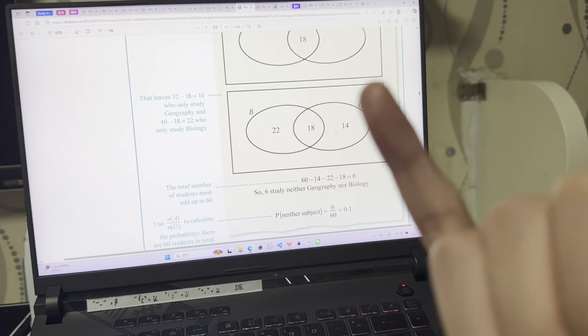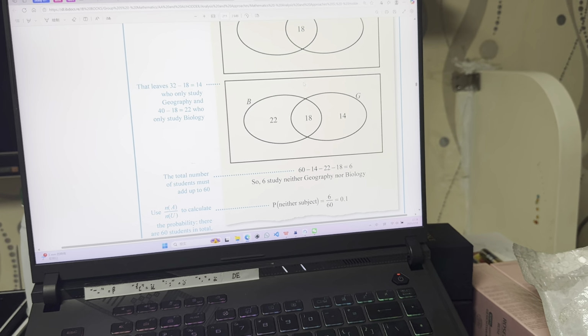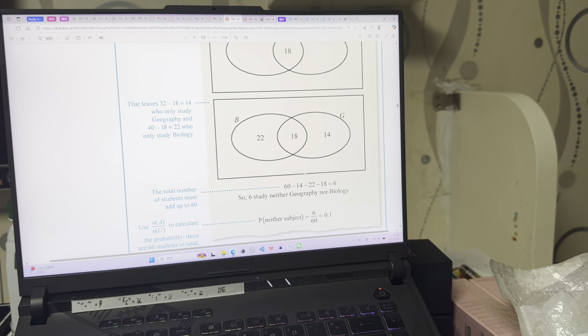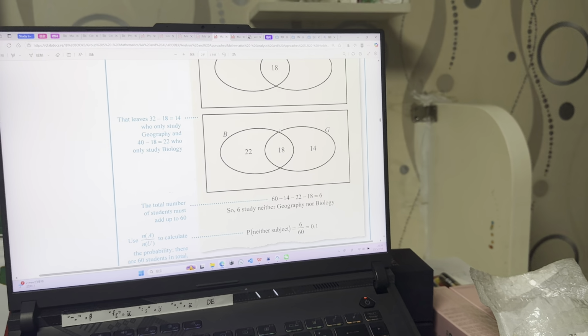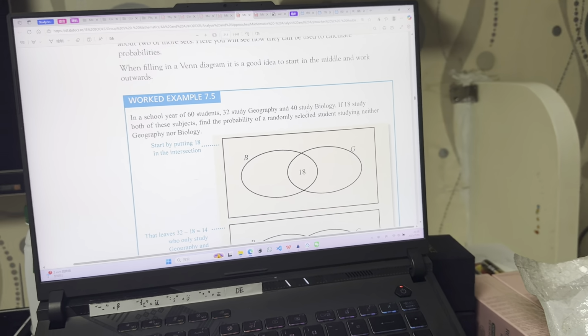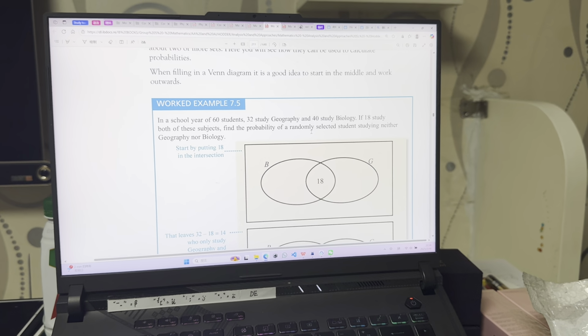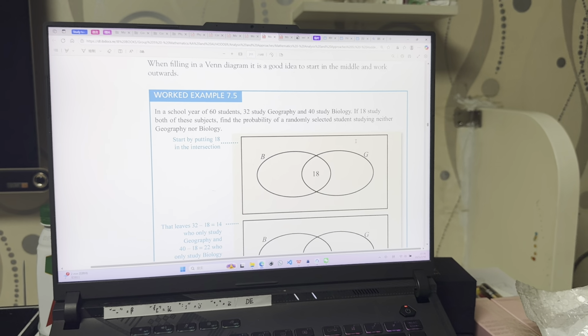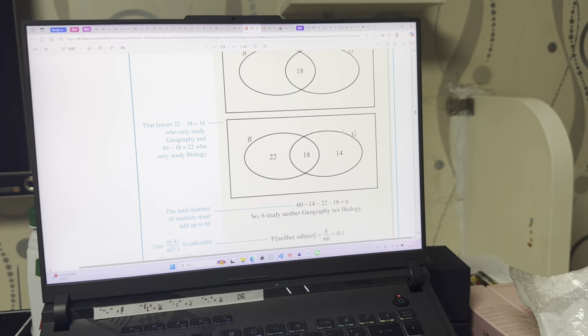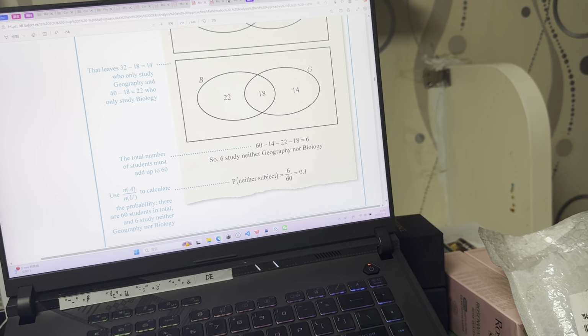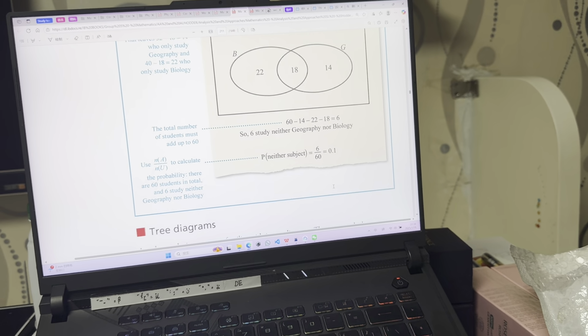It means 6 students learn nothing, so we mark 6 in the outside area. So the probability that a randomly selected student studies neither geography nor biology is 6 over 60, which is 0.1.